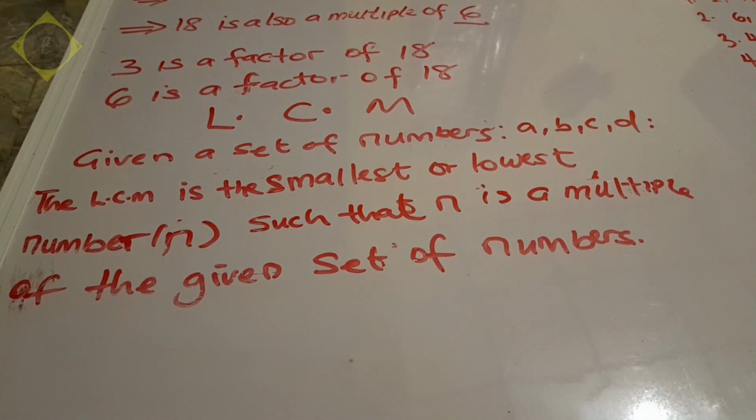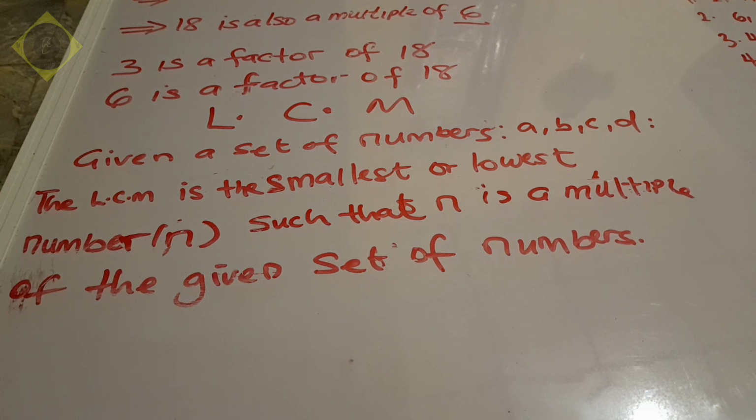Now, what is LCM? Given a set of numbers such as maybe A, B, C, D, these are just alphabets representing numbers. The A could be just 3, 4, 5, 6, 7, 8, 9, 10, 12, 11, 13, 14. It could be any set of numbers.